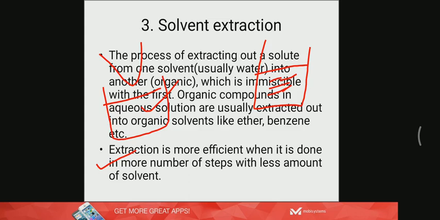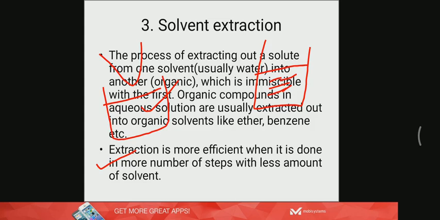Actually this is our common experience also. Suppose you are given a cup of water to clean a vessel, a utensil. What is the best way of cleaning? Cleaning is also a kind of extraction. The vessel or utensil might have some dirt or things attached to it, so we are washing it, we are extracting it out.